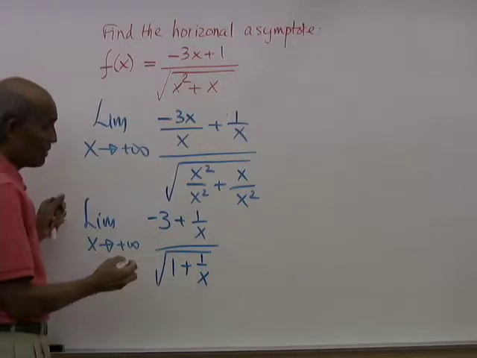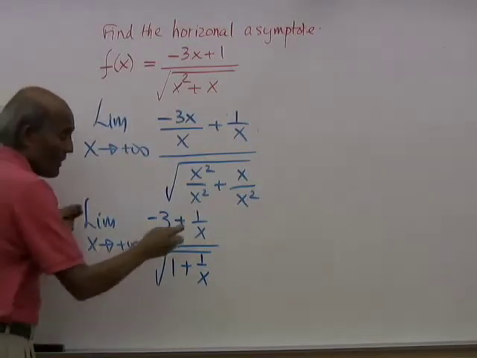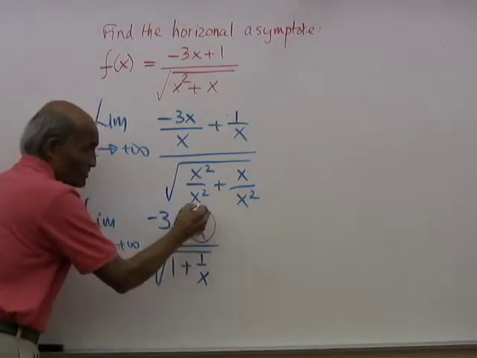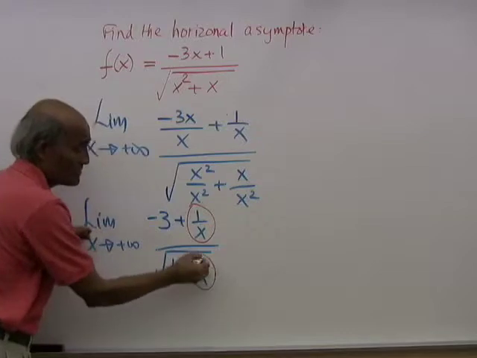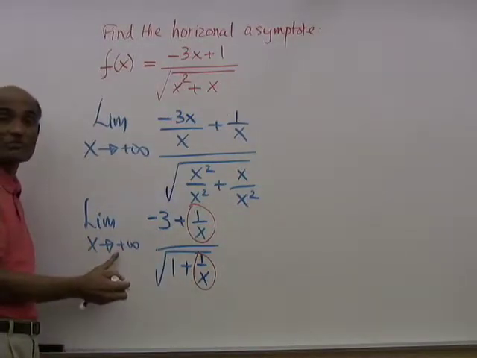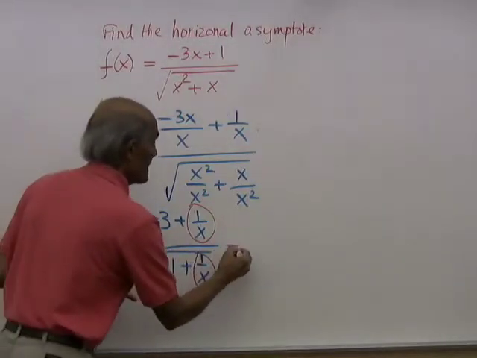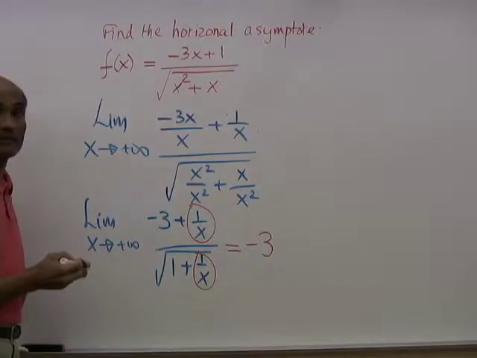And as before, the limiting value of 1 over x when x goes to infinity is 0. So both these 1 over x will be reduced to 0 as x goes to infinity. And that gives you the limiting value is negative 3.